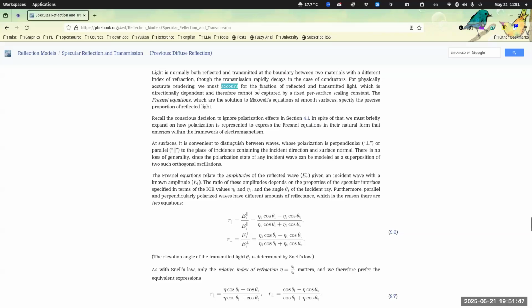We must account for the fraction of reflected and transmitted light, which is also direction dependent and cannot be captured by a fixed per-surface scaling constant. And the Fresnel equations, which are solutions to Maxwell's equations at a smooth surface, specify the precise proportion of reflected light.